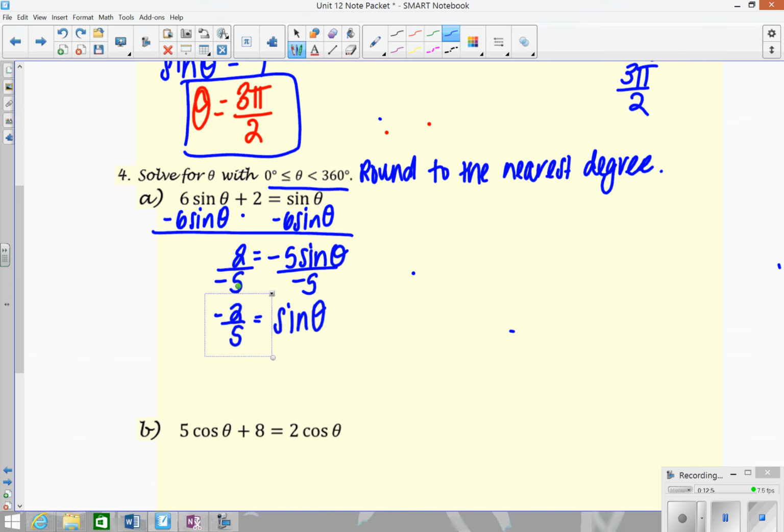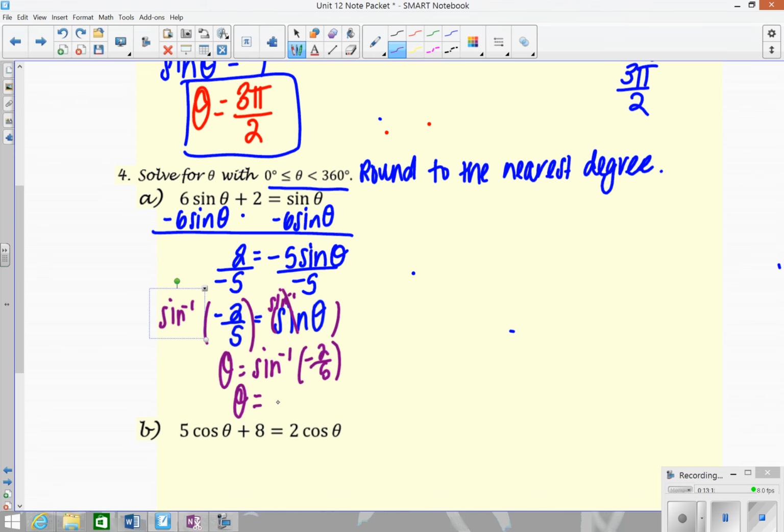So in order to figure out what theta is, you're going to take sine inverse of both sides. So we're left with theta equaling sine inverse of -2/5. So when you do that, you should get 204 if you round to the nearest degree.